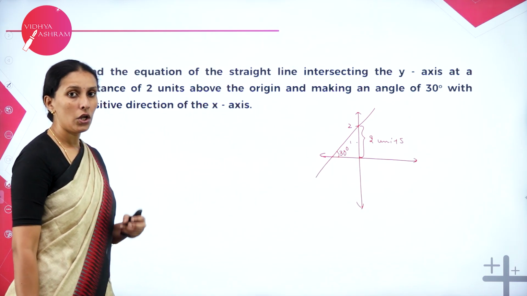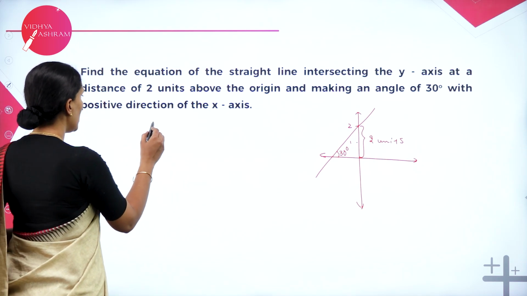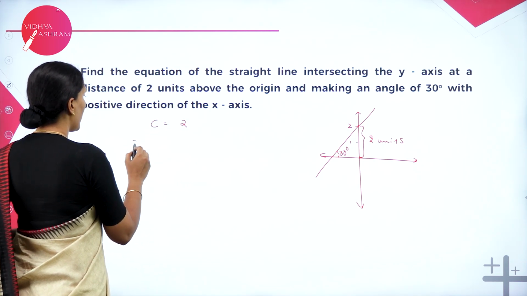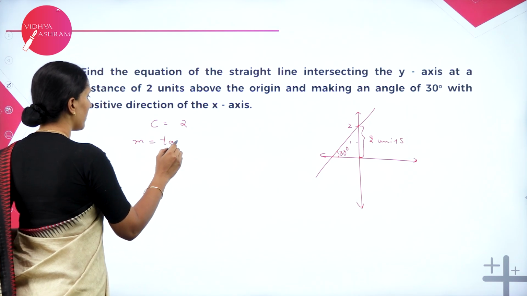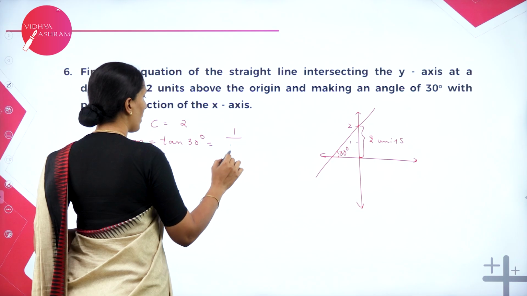So by the angle we can find the slope, and they have given the intercept. Therefore here c = 2, m = tan 30 degrees. The angle of inclination is given and the value of tan 30 is 1/root 3.